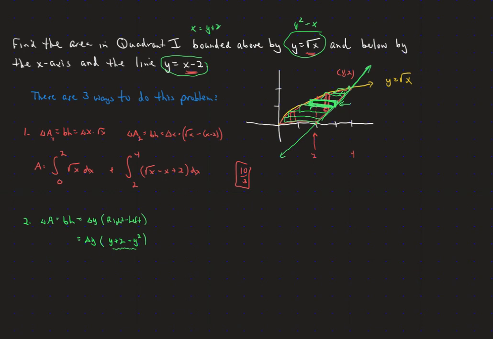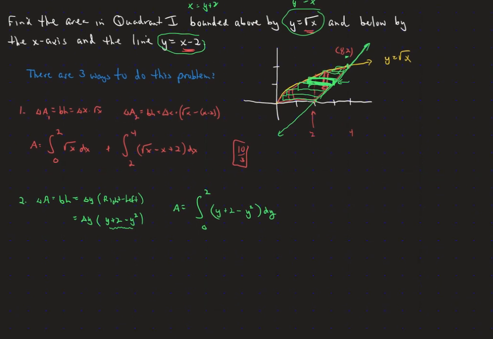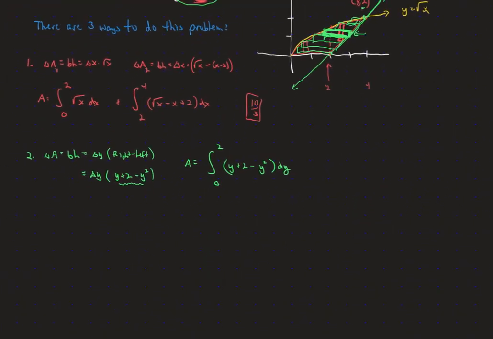We're going to have to use y limits here, and we saw earlier that the y coordinate for where the square root of x intersects x minus 2 is a y value of 2, and because we are in quadrant 1, we're going to go from 0 to 2. Those are the y limits, and our top curve minus the bottom curve, and that's going to be a dy in place of the delta y. And I'll let you work that out, but you'll find it's going to give you the same thing.